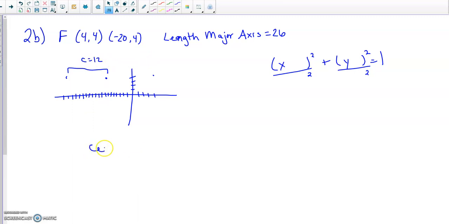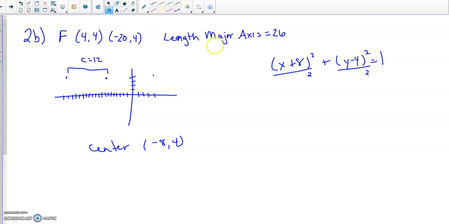Now, the center is, let's just write it down here. I believe it's -8 and 4, if I count it right. Okay, 2, 3, 4, 5, 6, 7, 8. Yes. Okay, so +8 minus 4.